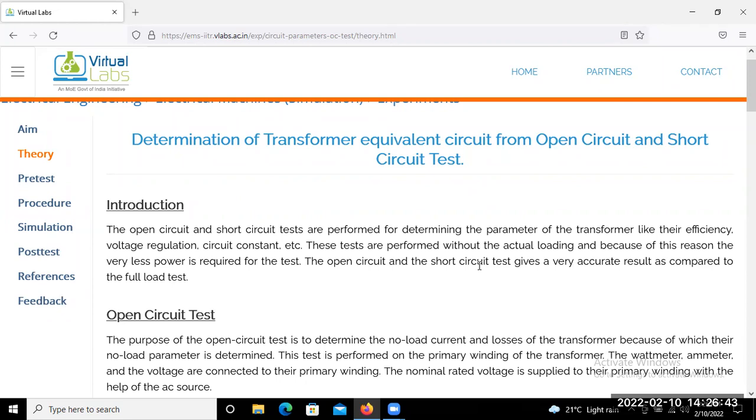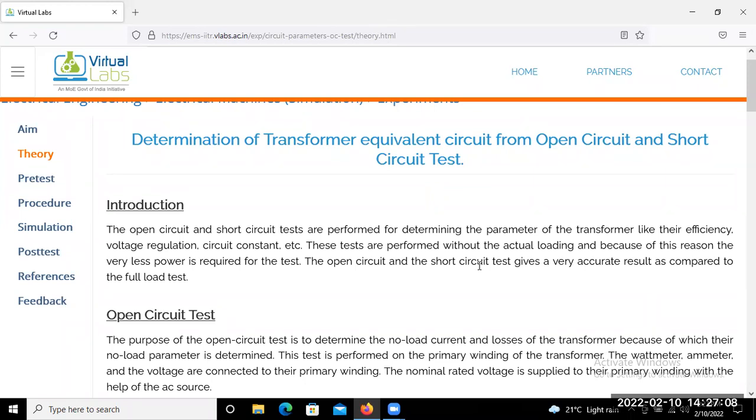The open circuit test we perform at the rated voltage of the transformer. To perform this open circuit test, we connect all the measuring instruments on the low voltage side of the transformer and keep the high voltage side open.